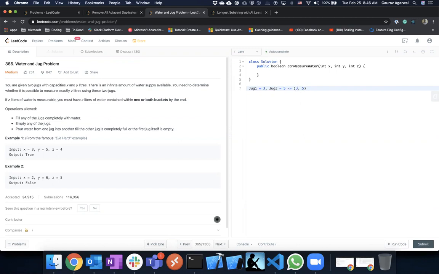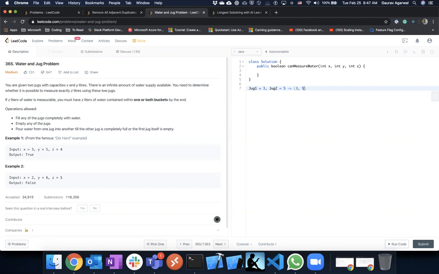The maximum water in the first jug is 3 liters, and in the second jug it is 5 liters. Both jugs start empty, and we have an infinite supply of water.